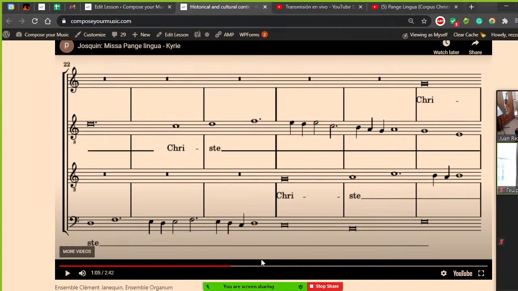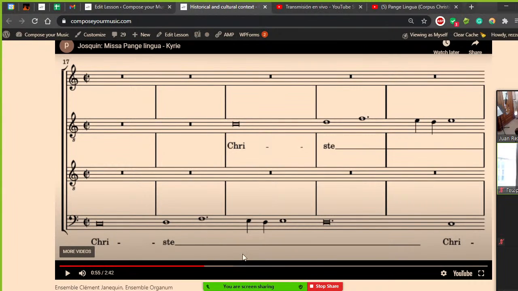Now, that has something to do, very far away, with the first Kyrie. So the Kyrie eleison and Christe eleison, yeah? Is this element. And also the beginning that is slower.